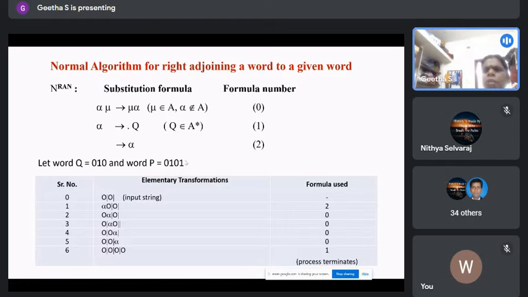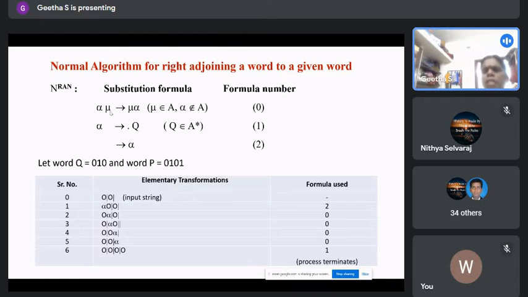How will you execute the substitution formula? This 0, 1, 0, 1 is the input string. It is substituted by alpha 0, 1, 0, 1.